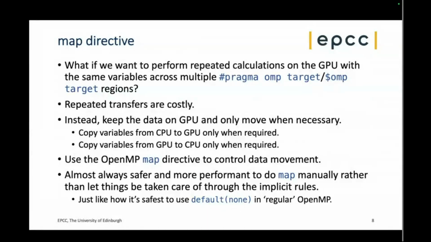It's similar to the advice you often get when you first learn about OpenMP, of always declaring all your data, whether shared or private, because by default everything is shared, and then you end up with race conditions you didn't expect. Here it's similar. It's safer to map everything.